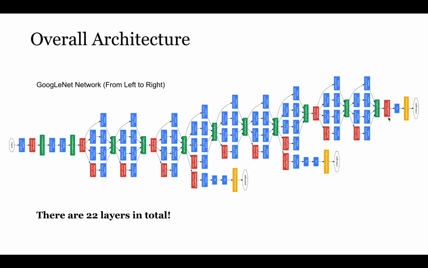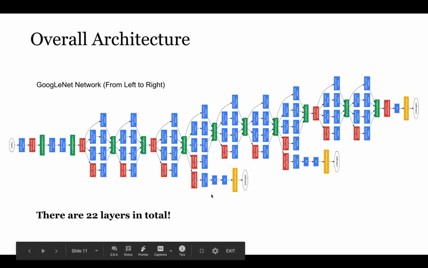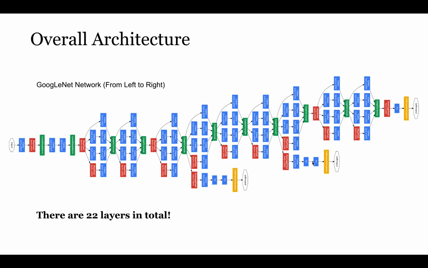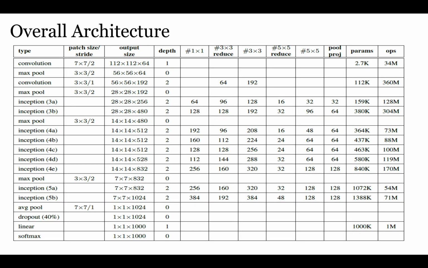So all the layers total 22. And in the middle, you are getting some fully connected layers and some softmax, and it's used for all the training. So this is the whole architecture.